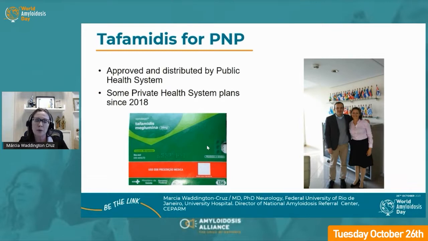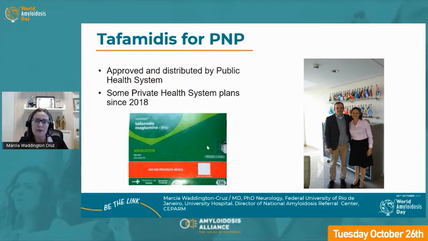This was a very important piece of work done between me and my center and Fabio, the president of the Brazilian Patients Association. It was very important group work until we got this drug approved and fully distributed.